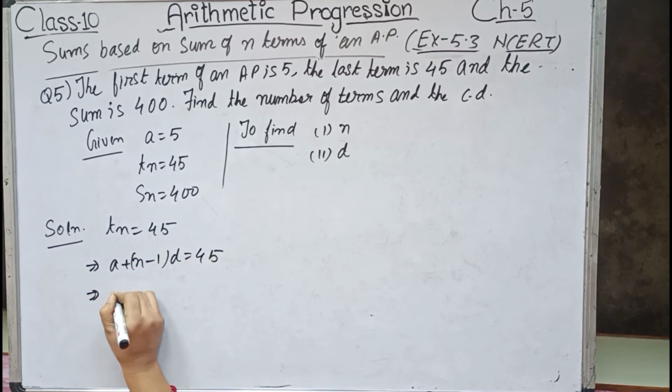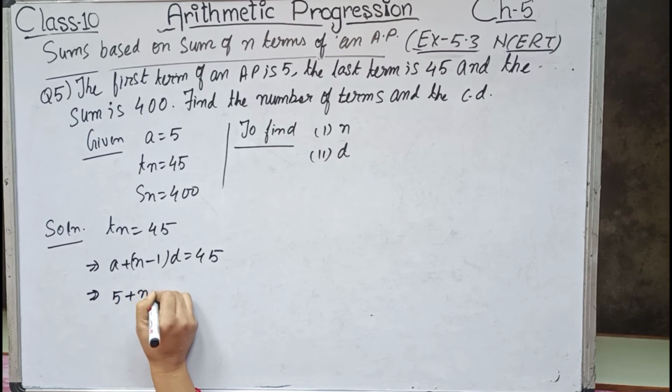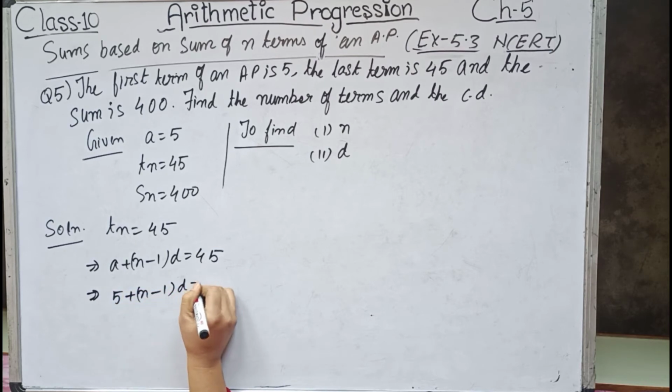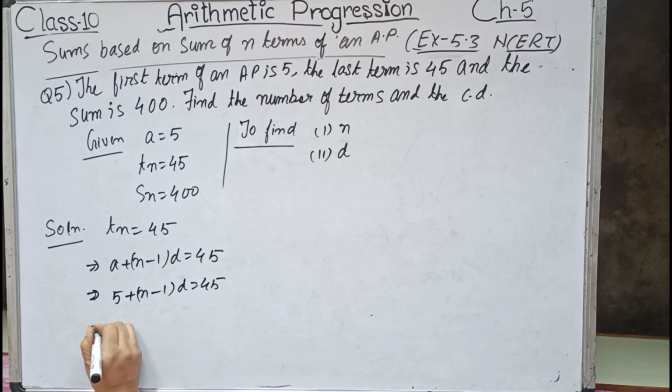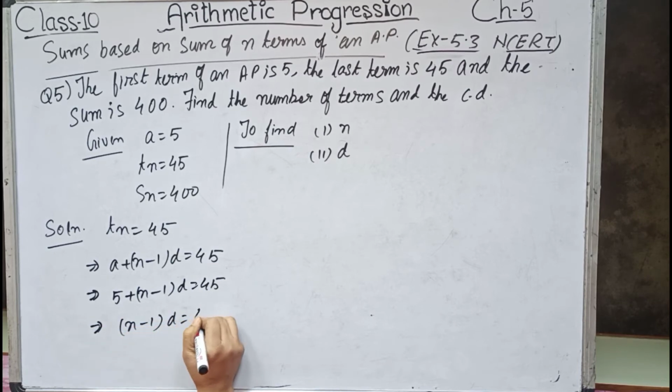Now A value is given, so 5 plus n minus 1 into D equals 45. This implies n minus 1 into D equals 40. And neither n nor D value is given, so let it be equation number 1.